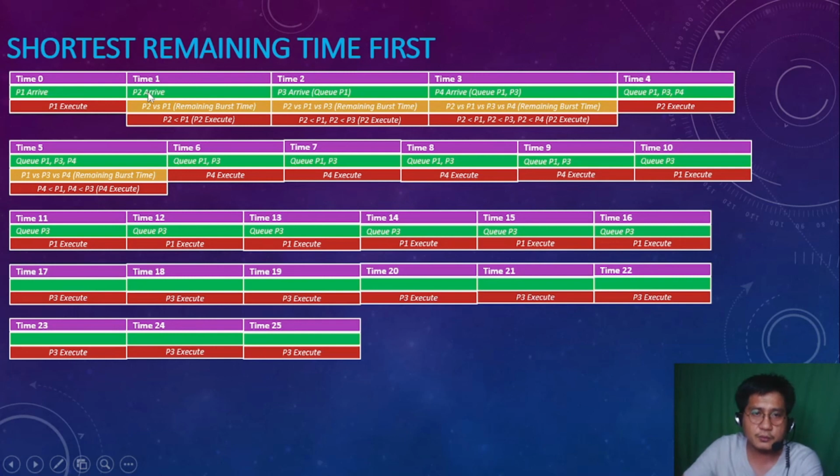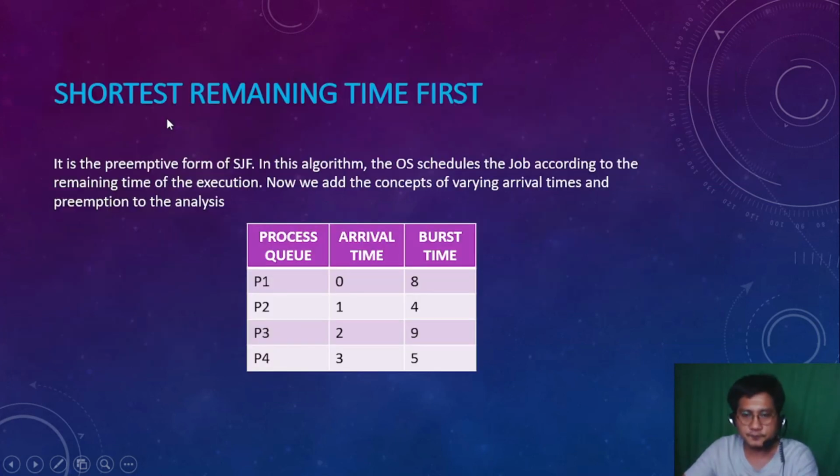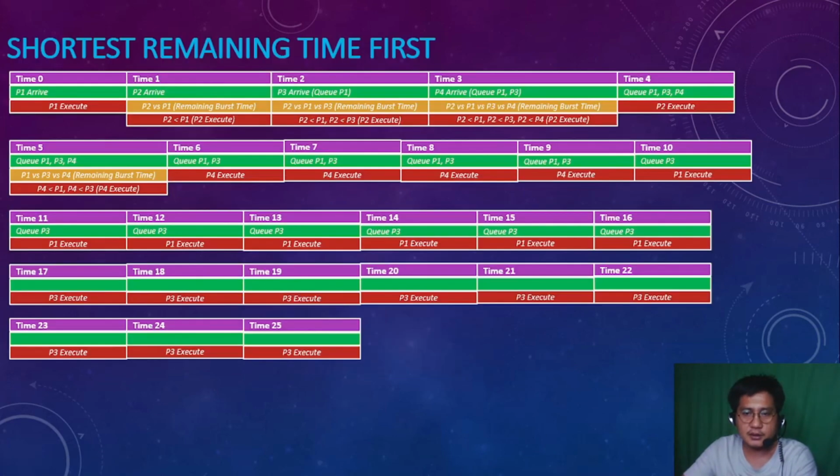Since a new process arrived in the queue, it will be compared. So it will compare the remaining burst time of process 2 versus process 1.